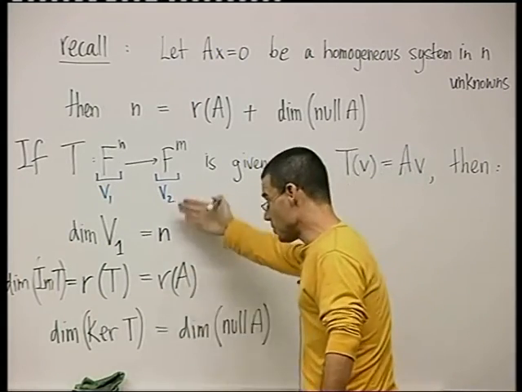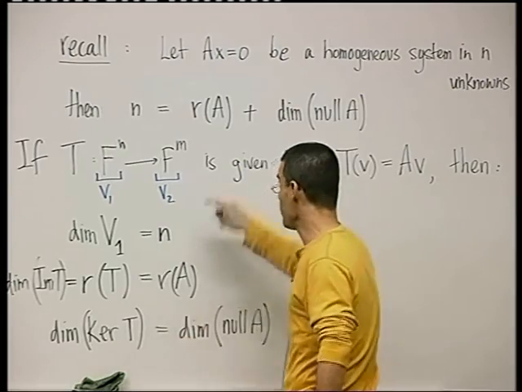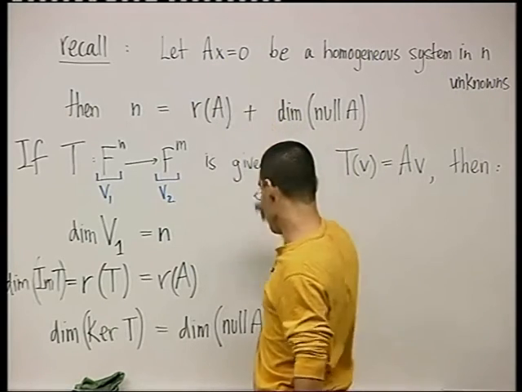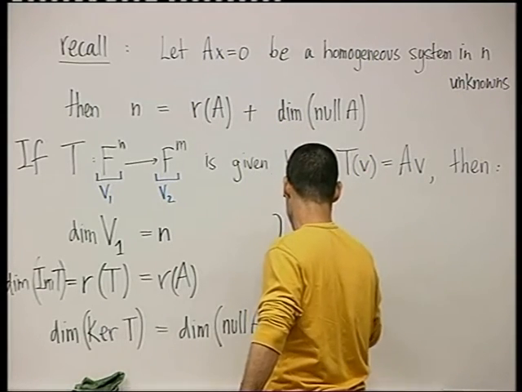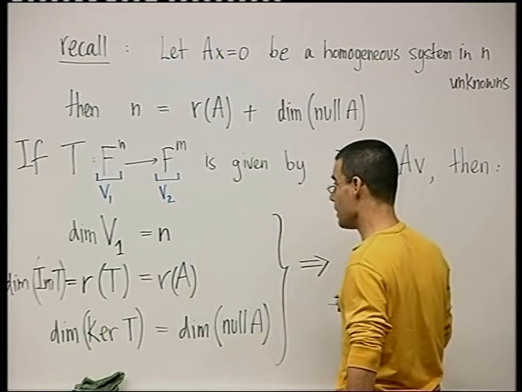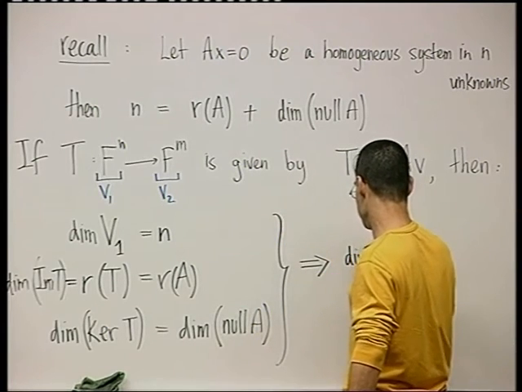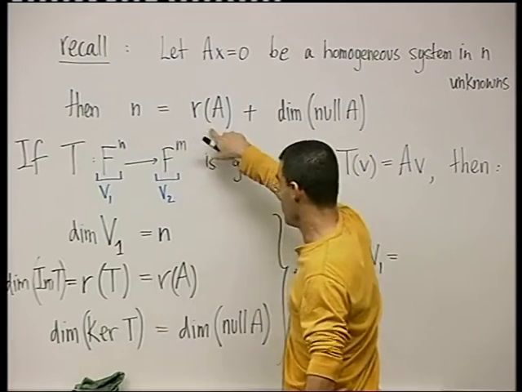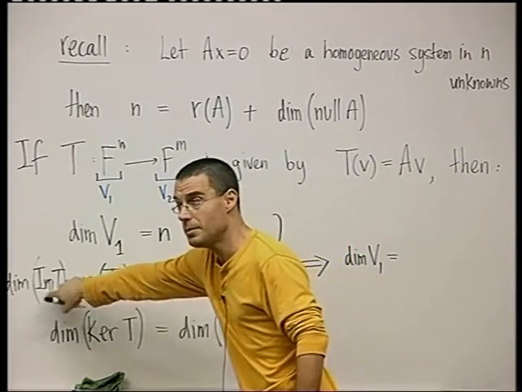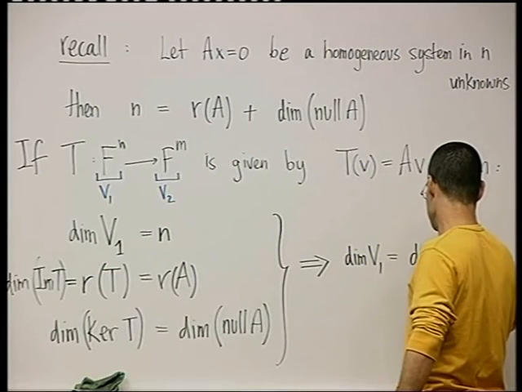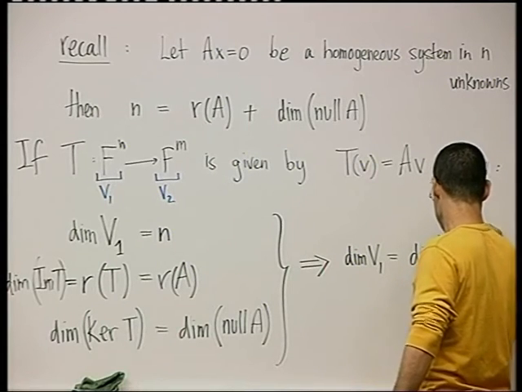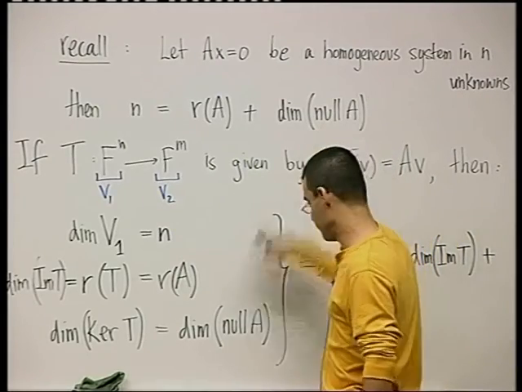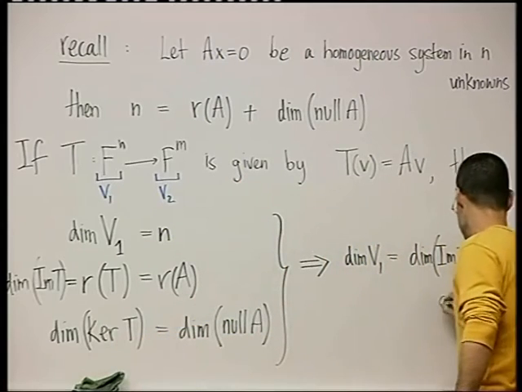So taking these 3 ingredients together with the rank nullity theorem for A itself, we get the following statement: the dimension of V1 equals the rank of A, the rank of T, the dimension of the image, plus the dimension of the null space, the dimension of the kernel.